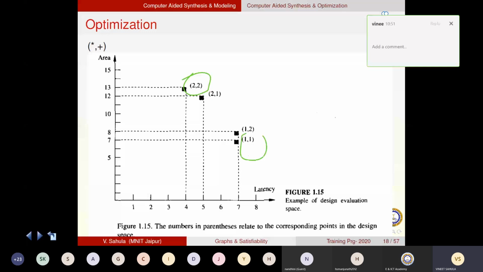With one multiplier and one ALU, I have to consume 7 units of time. It's called latency, the number of steps required to complete one computation. If I use two multipliers and two ALUs, I can finish faster, in only 4 steps. So two multipliers and two ALUs are better for performance, but bad for area.